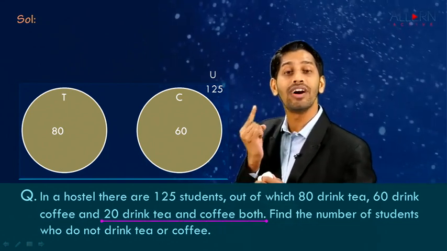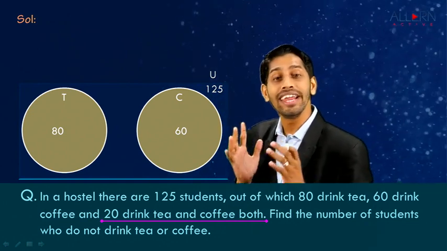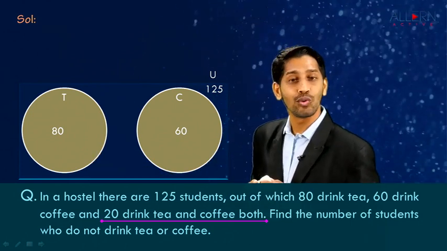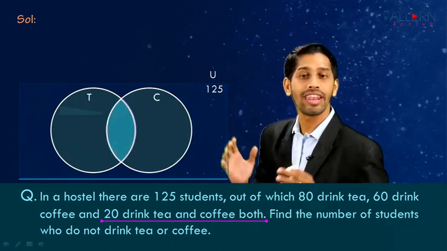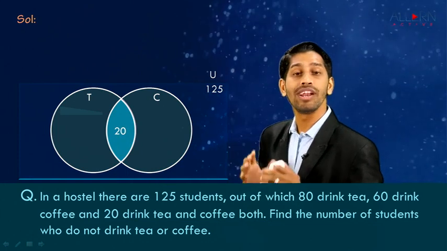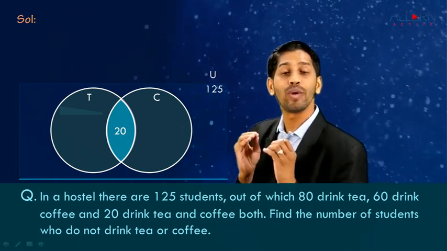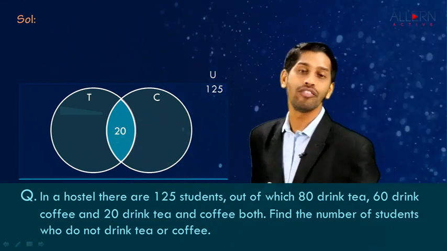When we see the word and, both, we are talking about intersection. That means we have to intersect these two circles in such a manner that we get a common part. So we are intersecting these two circles, and in the common part we write the number 20, because 20 are those students who drink tea and coffee both.